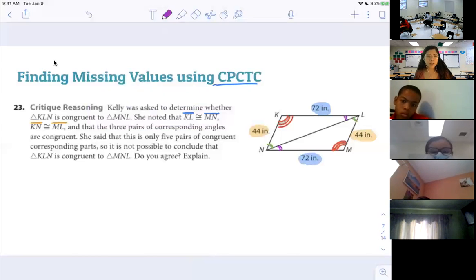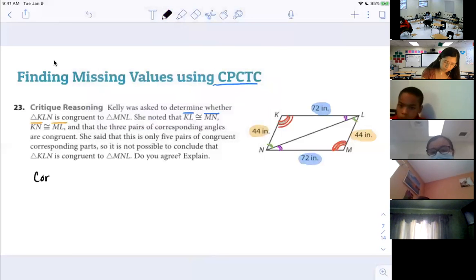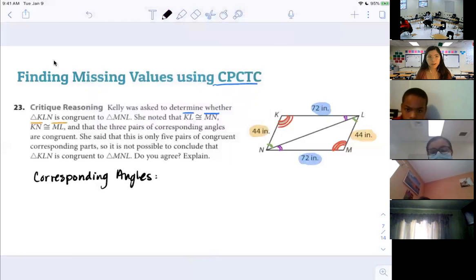Okay, so I have how many pairs of corresponding angles? How many pairs of corresponding angles have I found? How many match? Yeah. Okay, Tyrone says 3.